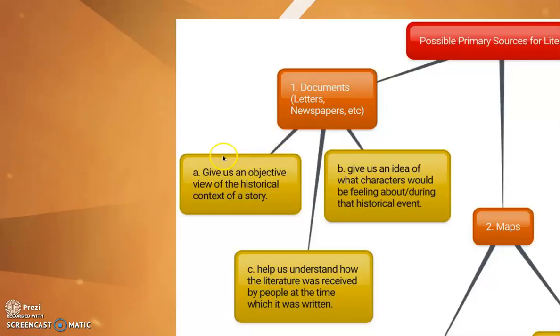The documents give us both an objective and a subjective view of the historical context of a story. An objective point of view might be seen in a newspaper clipping, whereas a subjective view would be seen in a letter, and a letter could be by the author, or as we're going to see, by a contemporary author, or maybe someone who read the book at the time and what they thought about it.